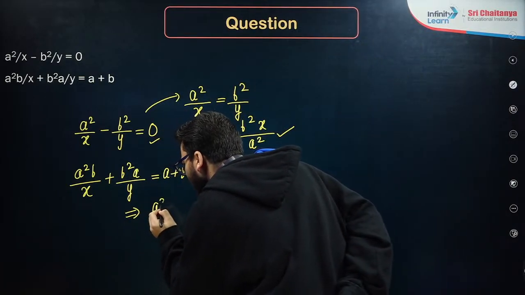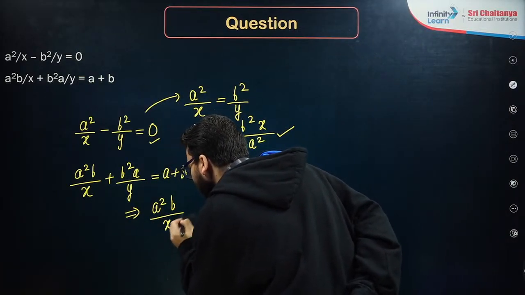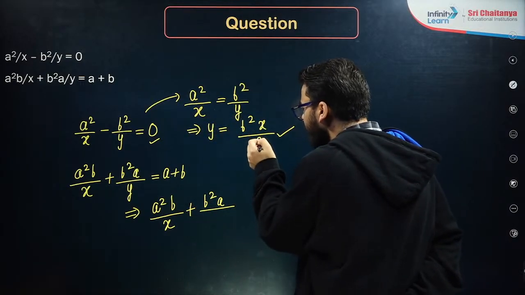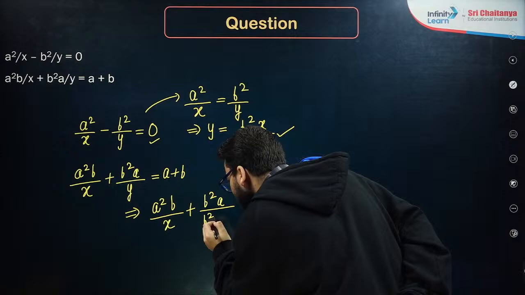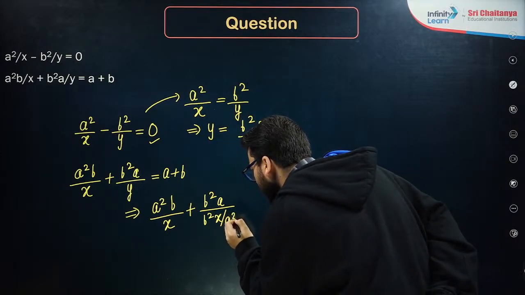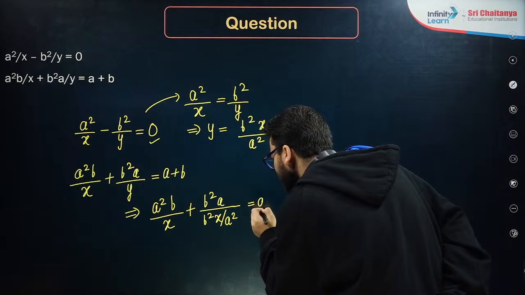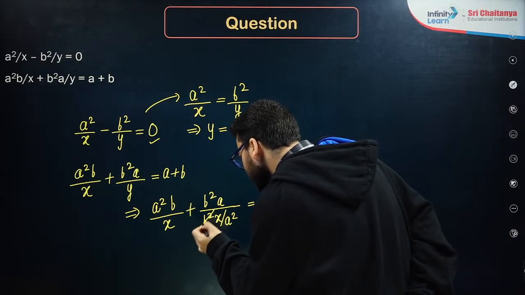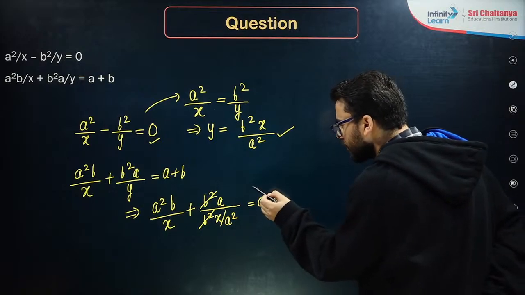This is a square b upon x plus b square a upon, in place of y I can put b square x divided by a square, and that is equal to a plus b over here. So you see over here I can just cancel out. So what will you get guys?